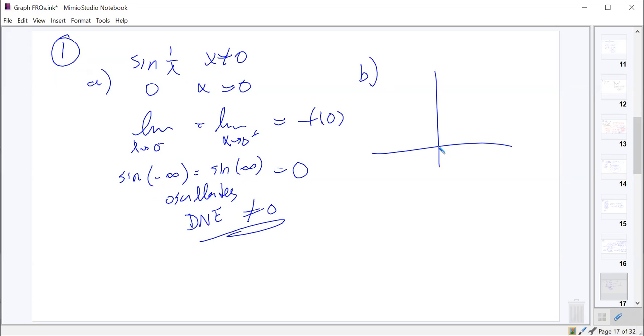Okay, B is your greatest integer function, which you should have seen once or twice this year. Greatest integer function looks like this, and so on. It's your step function. So clearly this one is not continuous at x equals 0. The limit from the left is -1. The limit from the right is 0. So not continuous.